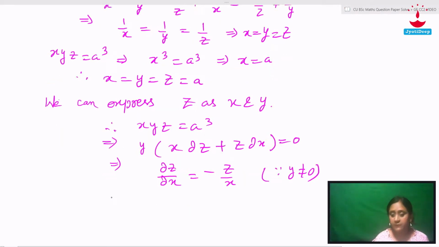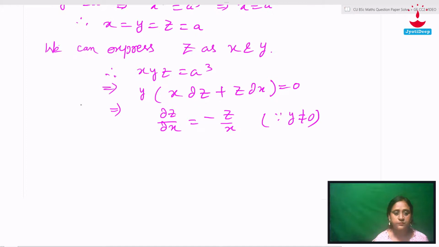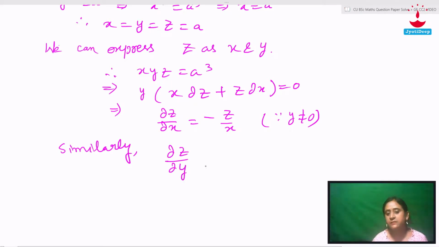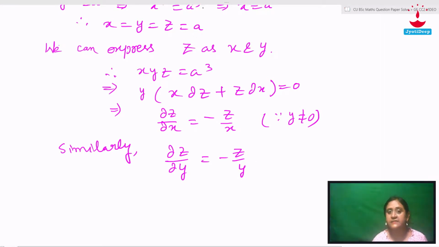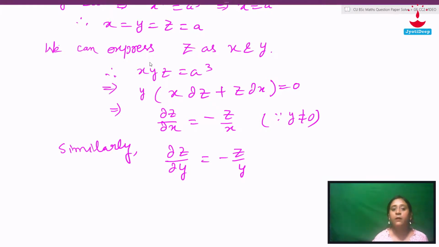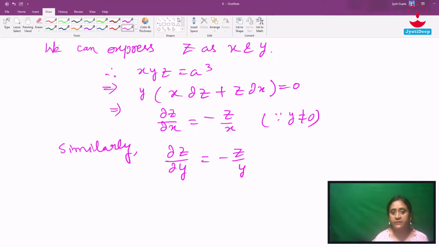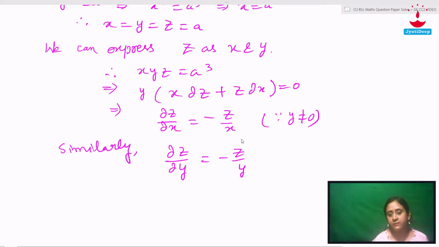Similarly, we can find out del z by del y is equal to minus z by y. Okay? And we are going to use this del z by del x and del z by del y in all the other derivatives of s where we will use it.